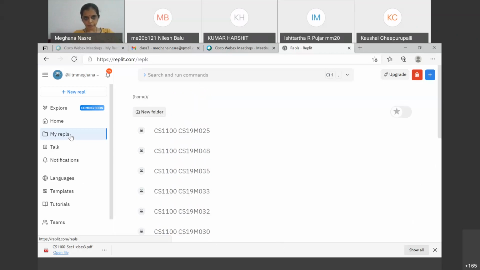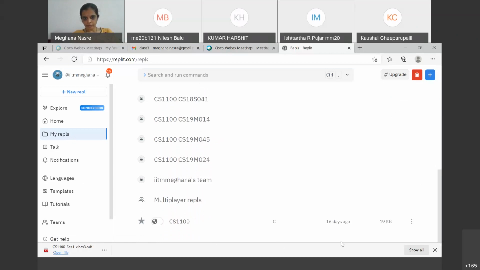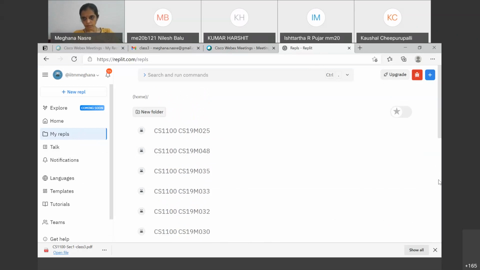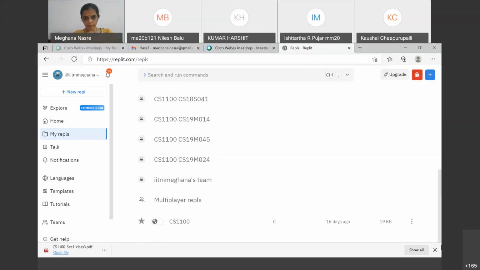So on the left hand side of the screen, there is something called a new REPL.